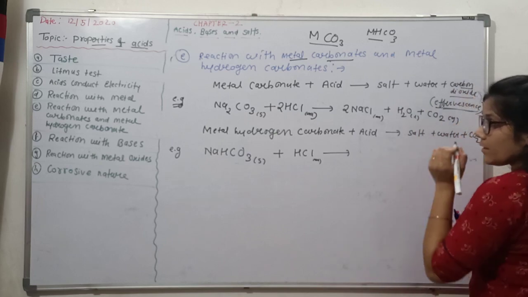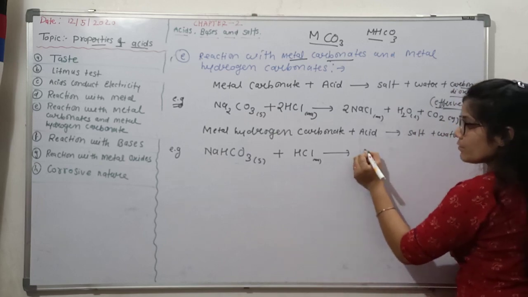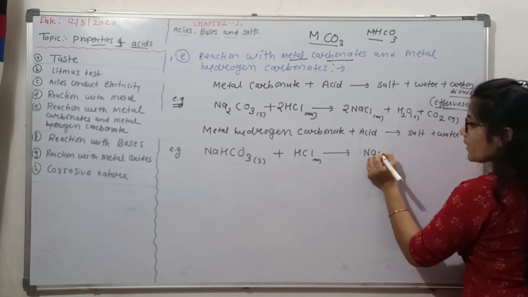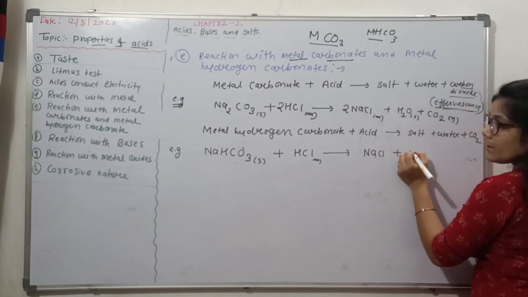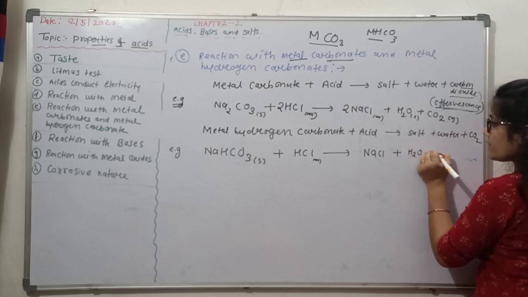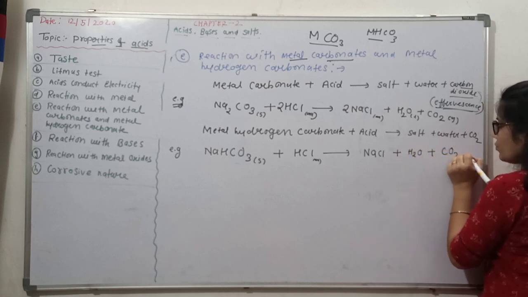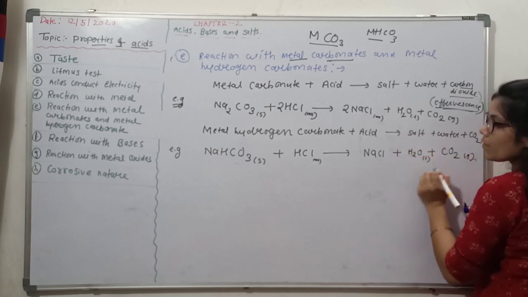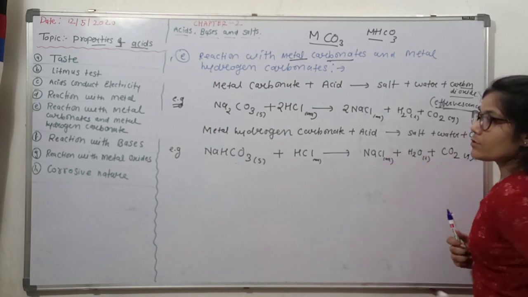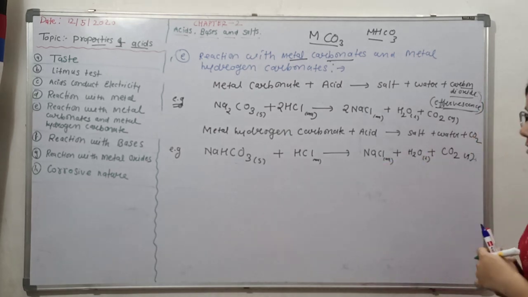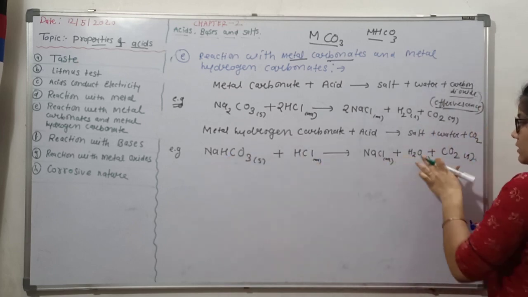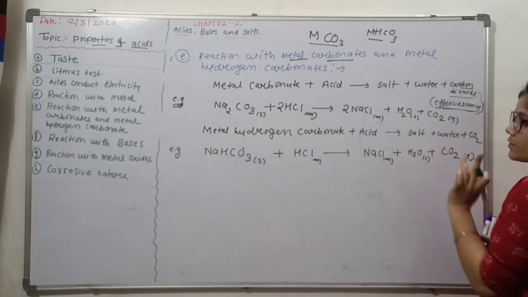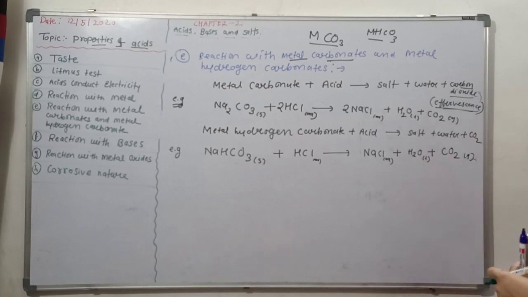What salt will we get? NaCl plus water plus CO2 gas. Check whether the equation is balanced or not: 1Na, 2H, 2H, 3 oxygen, 1 plus 2, 3 oxygen, 1 chlorine. This equation is already balanced.